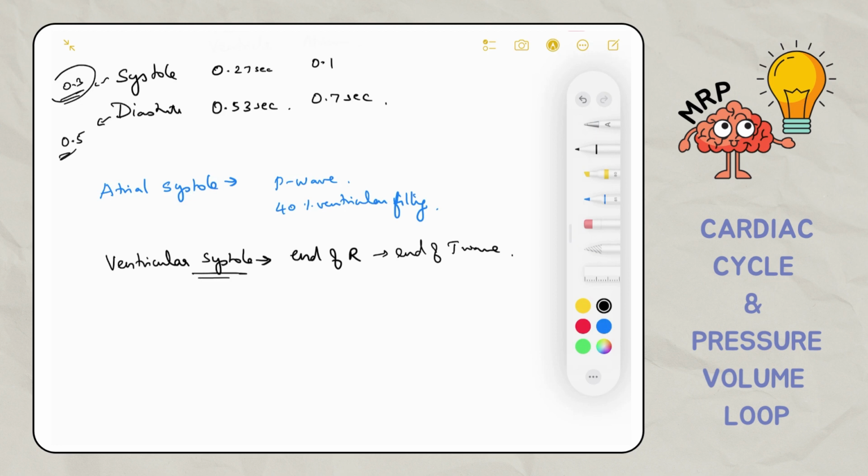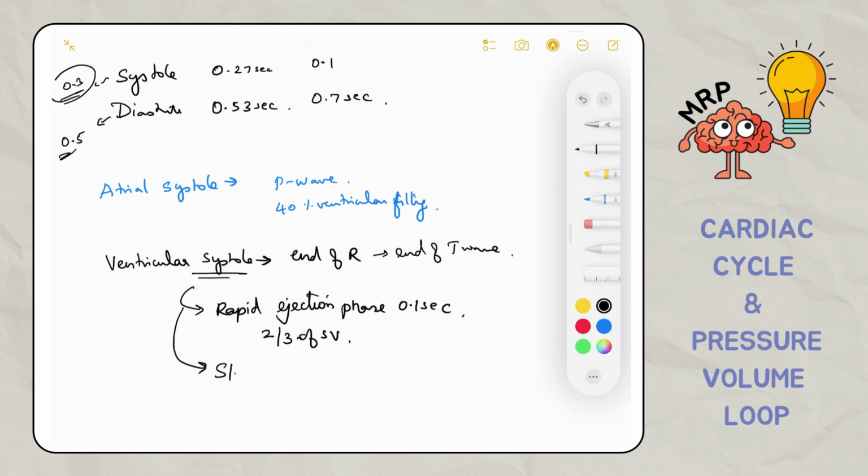And this ventricular systole proper has two phases. One is the rapid ejection phase, which is around 0.1 second, where the intraventricular pressure goes to the maximum level, and it increases the ventricular output, and almost 2/3 of the stroke volume will be ejected during this rapid ejection phase.